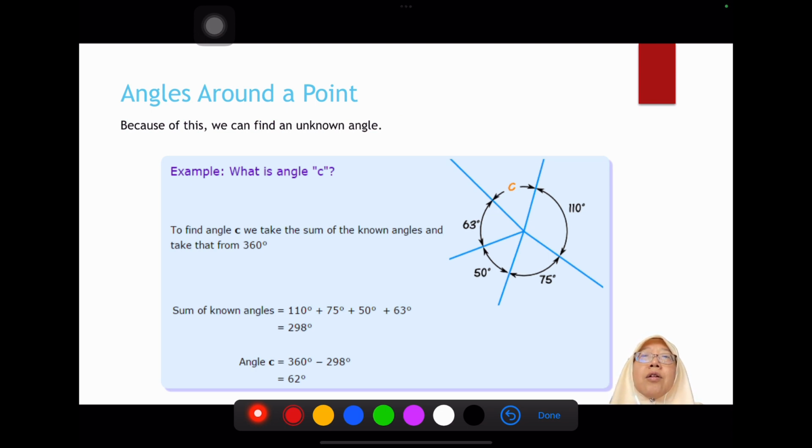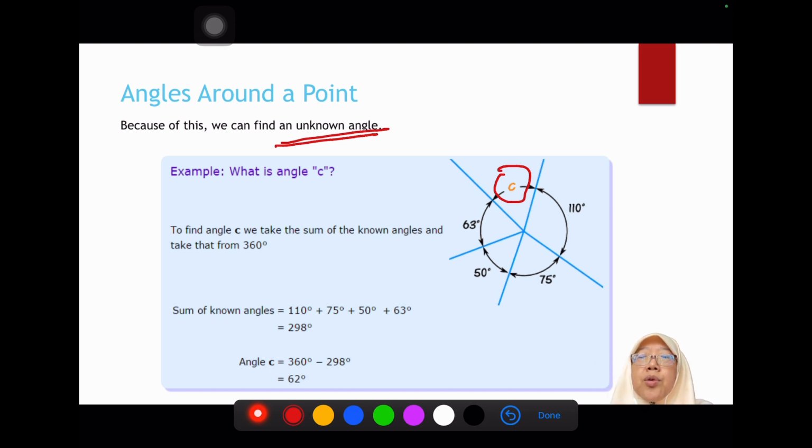Like the example that I gave you, we can actually find an unknown angle. Here the unknown angle is C, and we know that the total angle is 360. The process is very important.